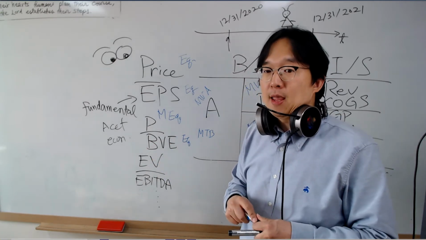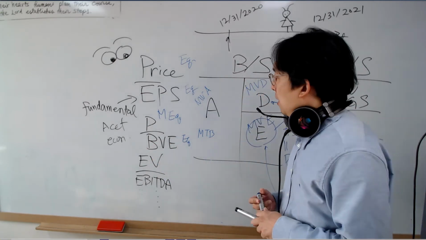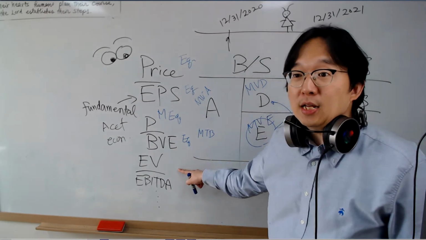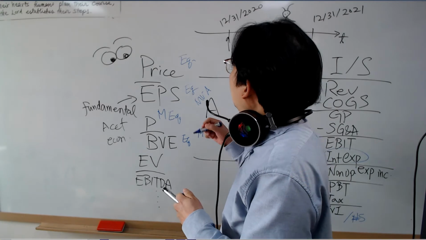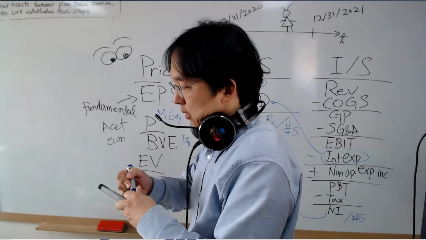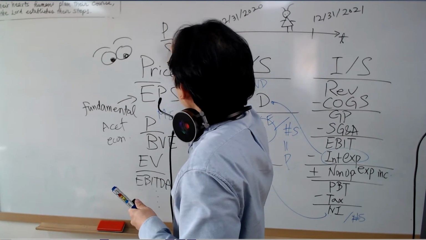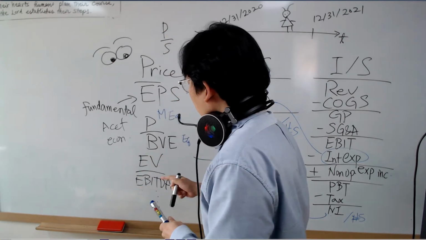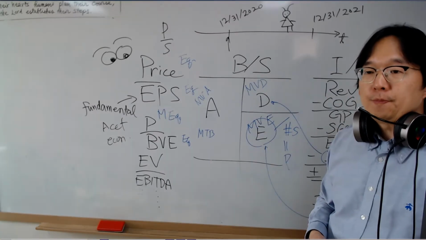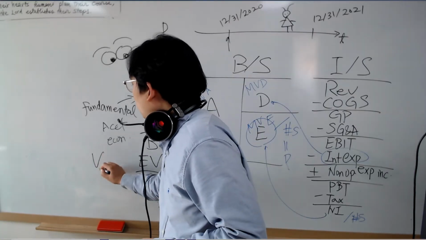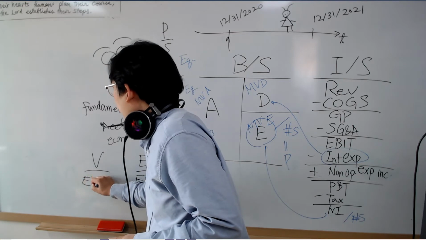That was it. Now, EV to EBITDA, right? EV, what the hell is that EV, right? By the way, before I forget, let me write down something over here. PS ratio. EV to EBITDA, okay? Or value to EBITDA.